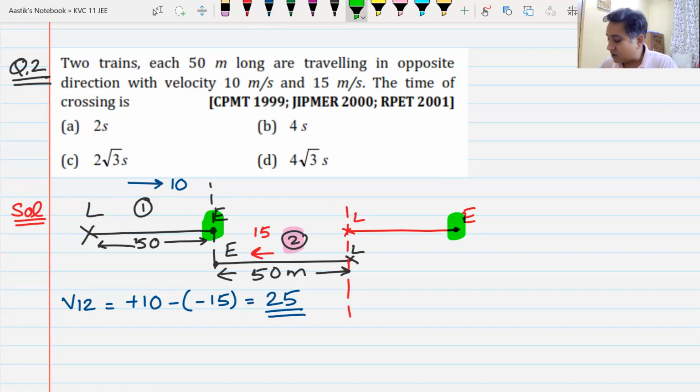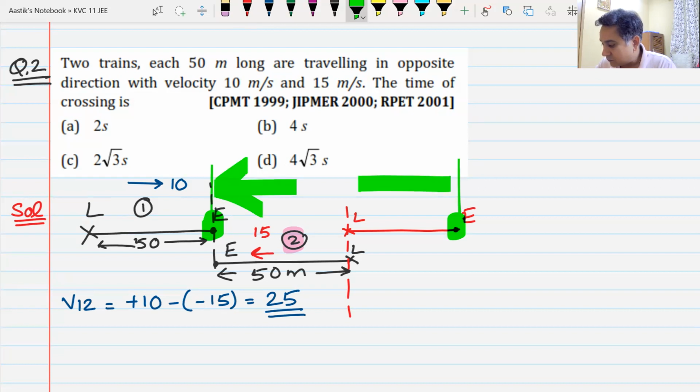Doesn't matter, both are same. How much is the displacement? It is plus 100 meters.